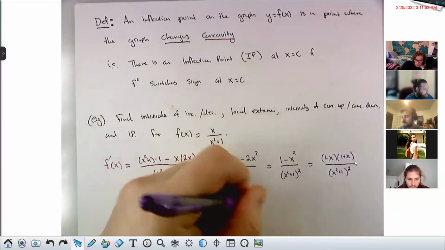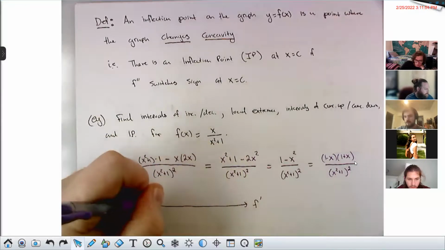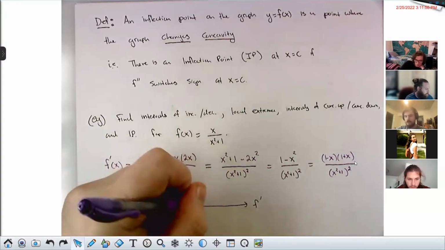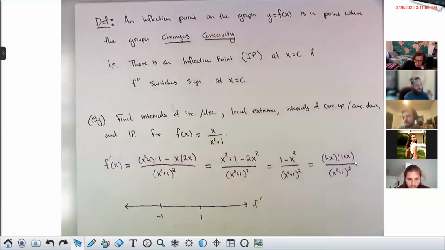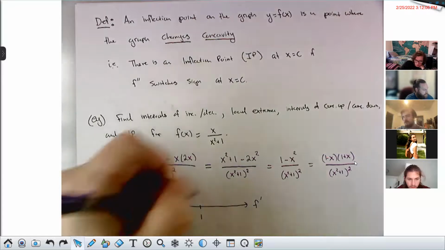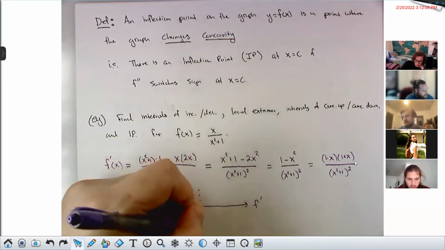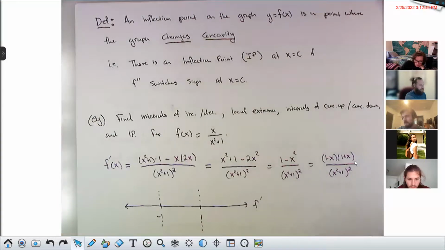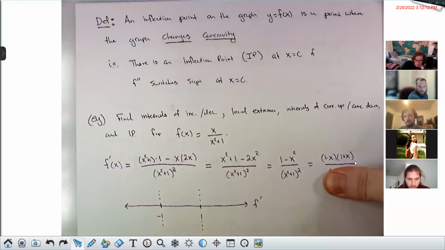So I draw my number line for f prime, and I place on it the two critical numbers, positive 1 and negative 1, of course in order. This chops my number line up into 3 regions. And we observe that the denominator here is always positive.